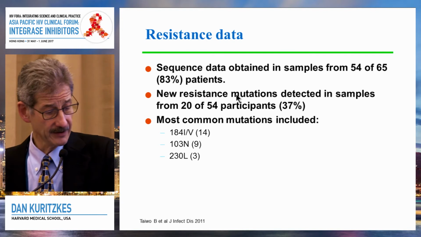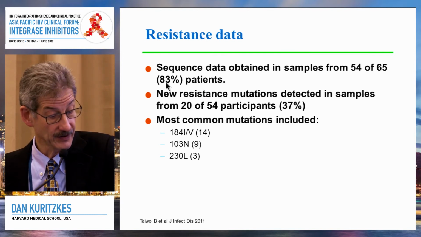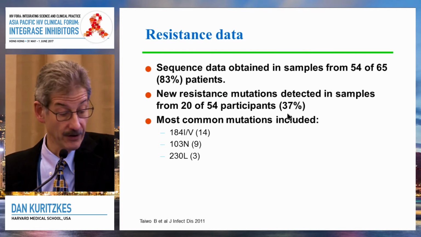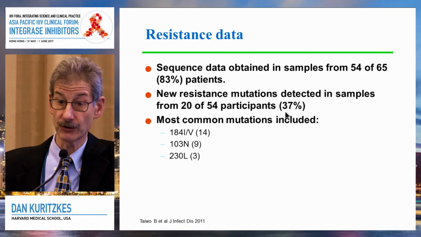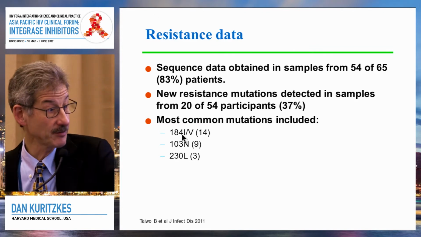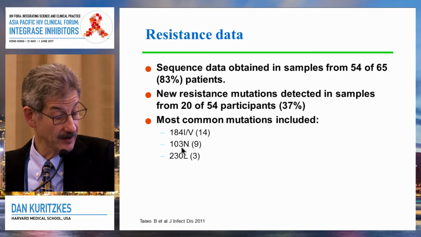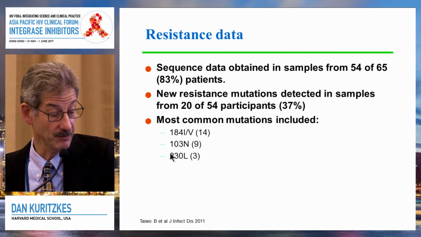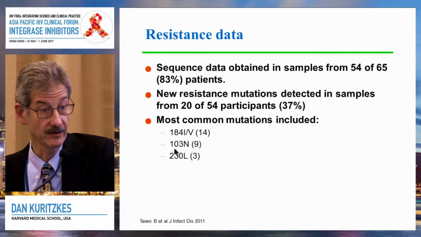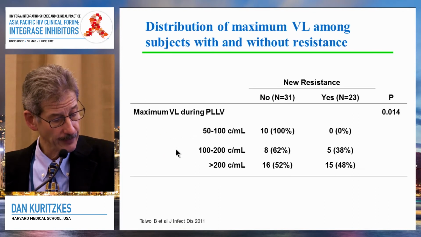So we were able to get sequence information on about 85% of the patients, and we found new resistance mutations in a little bit more than a third of them. That is, mutations that emerged during these episodes of low-level viremia. Not surprisingly, the most common mutation that we found was for 3TC or FTC resistance, and then resistance mutations for non-nucleoside reverse transcriptase inhibitors, with the 103N mutation for efavirenz being the most common.